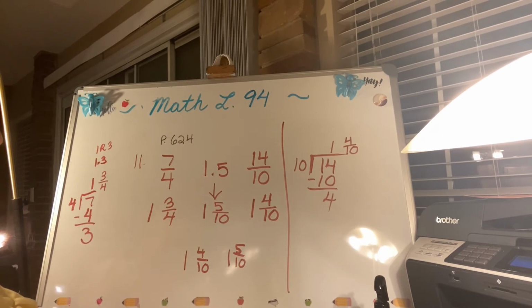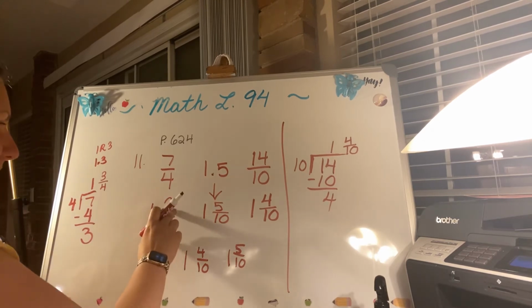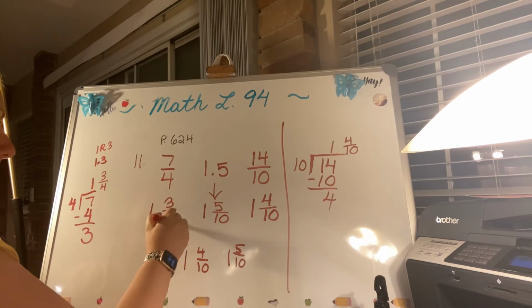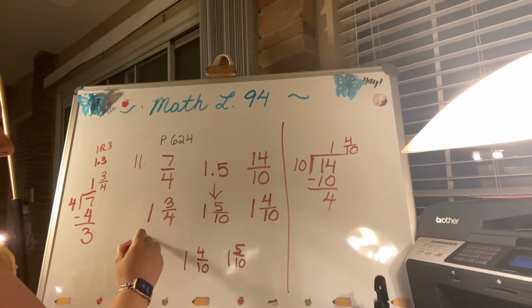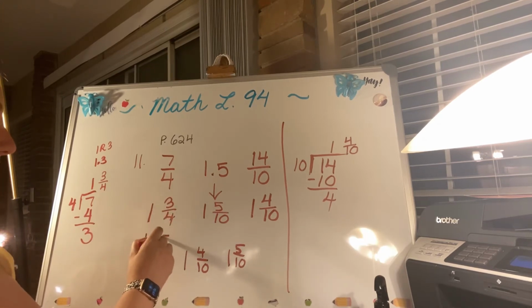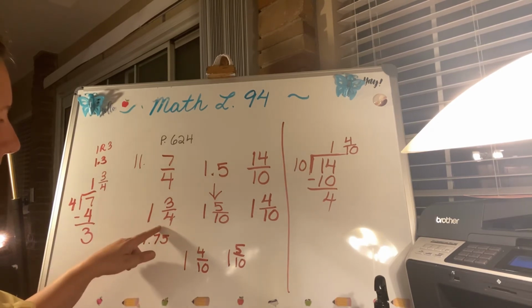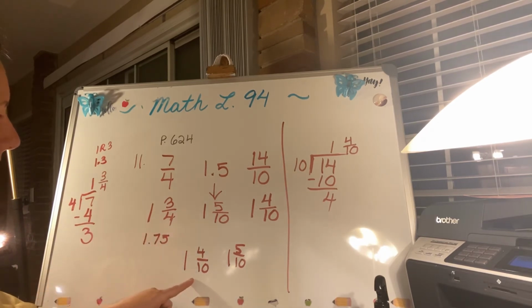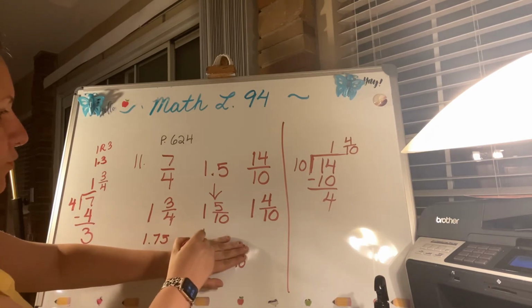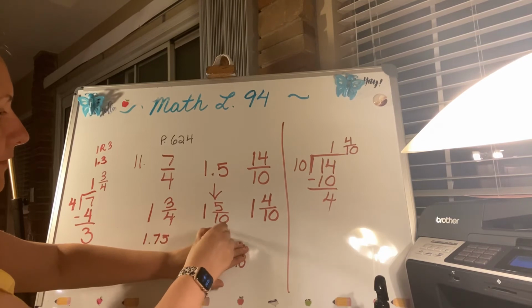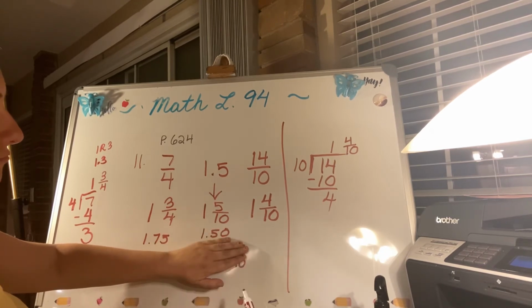If you think about what these mean, you might notice that this is the same as 1.75. Would you agree? 1.75. And you might say, well, this is the same as 1.50 if you turn it into looking like money.